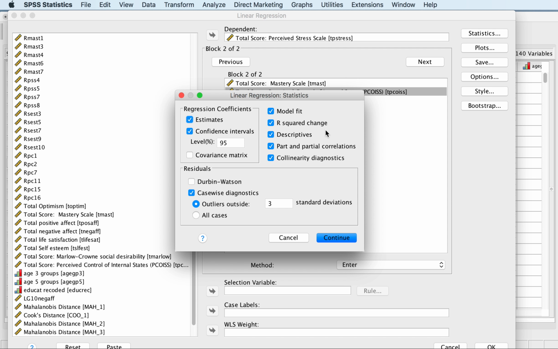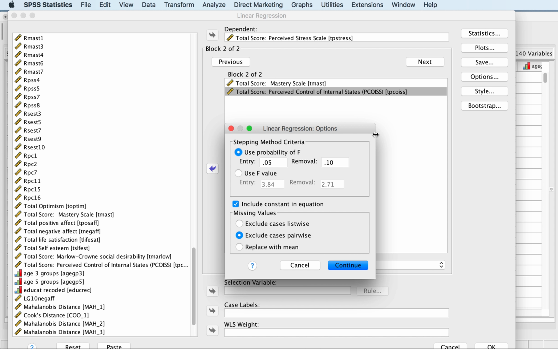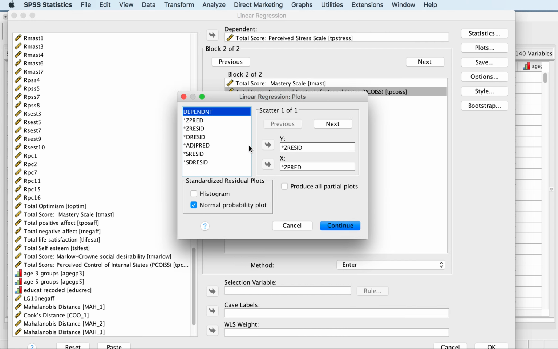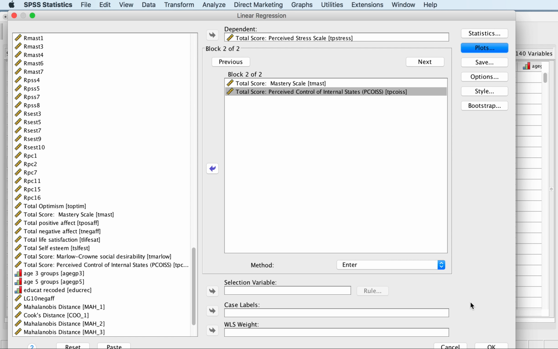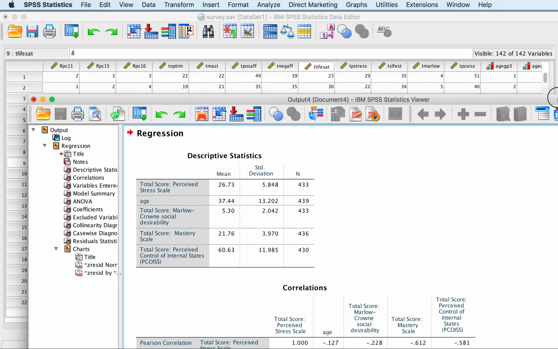You'll see it for the first block too, but that's really just a change from zero variance accounted for when there are no predictors. So we say continue. Options stays the same, plots stay pretty much the same. Let's go ahead and run it. Click OK, and up comes our output.